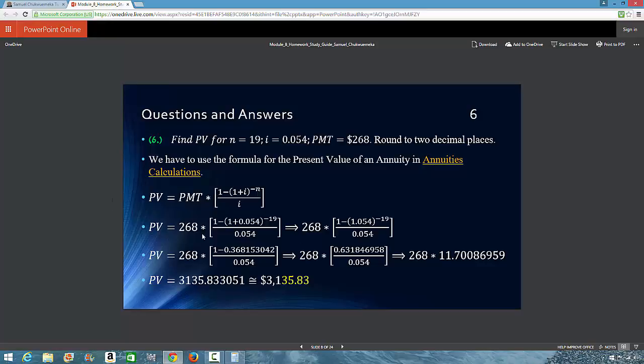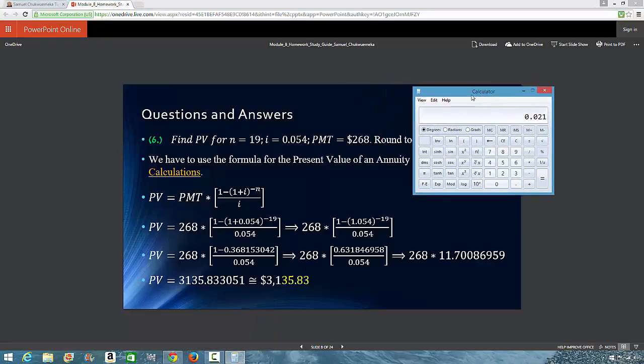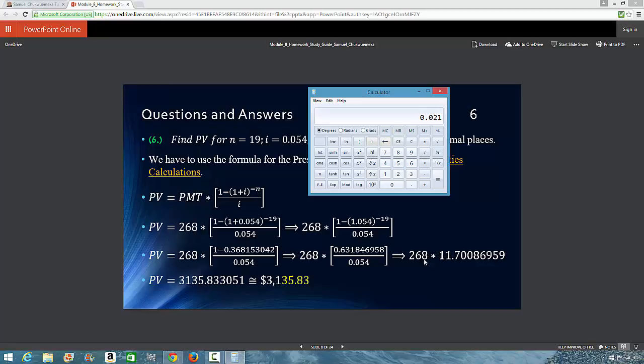So let me show you how you can do this with your calculator on the computer. I am using my desktop, and I want to show you how you can do it to get your answer. If you follow the steps I did here, step by step so that I don't skip anything, you will still get your answer right.